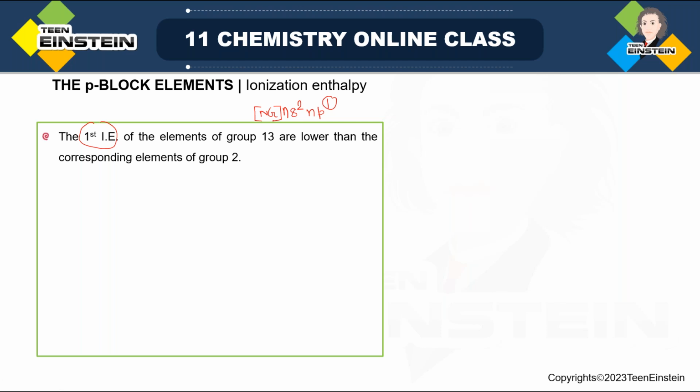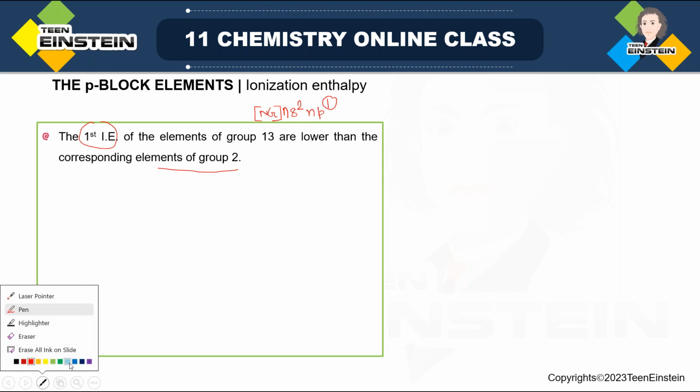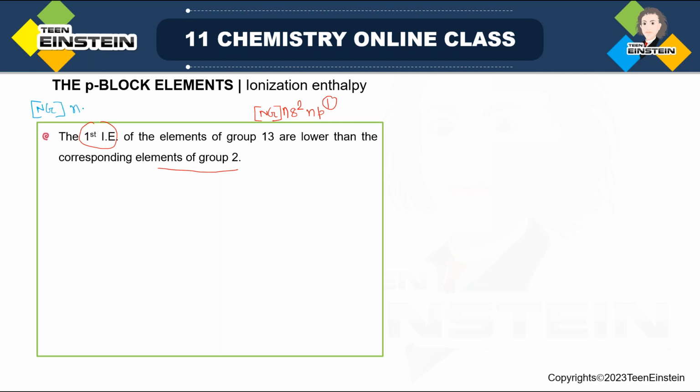But if you compare it with group 2 elements, that is alkaline earth metal elements, where the general electronic configuration after the noble gas is ns2. Okay, so here it is mentioned the first ionization energy of the elements of group 13 is lower than the corresponding elements of group 2.